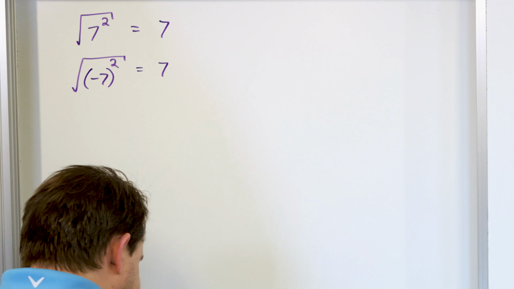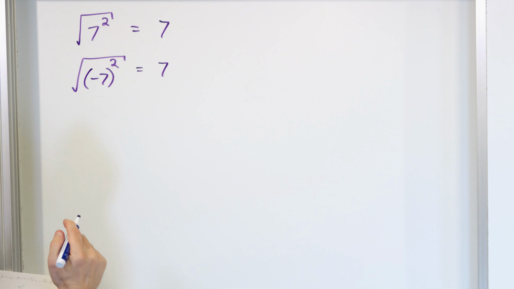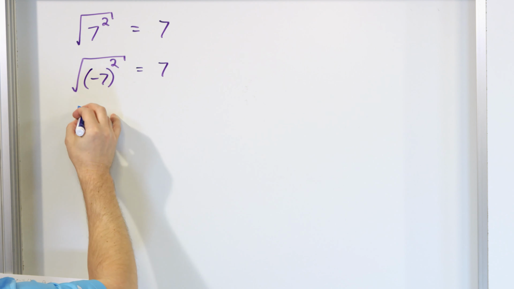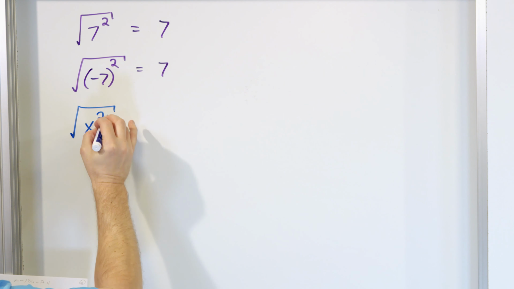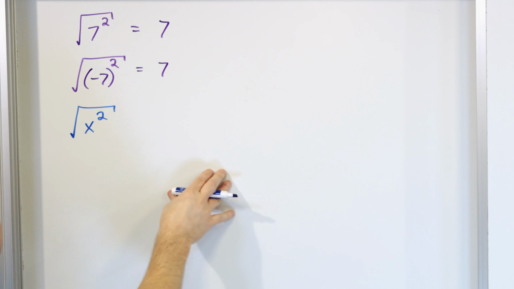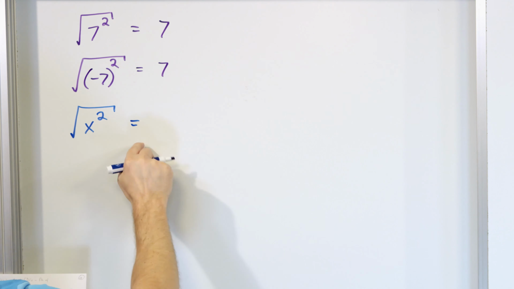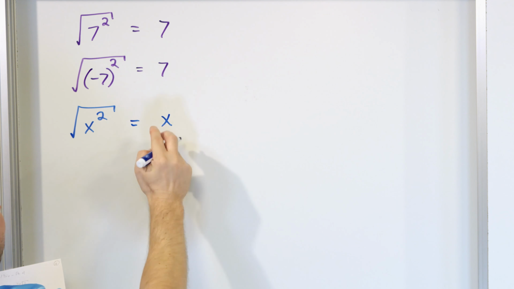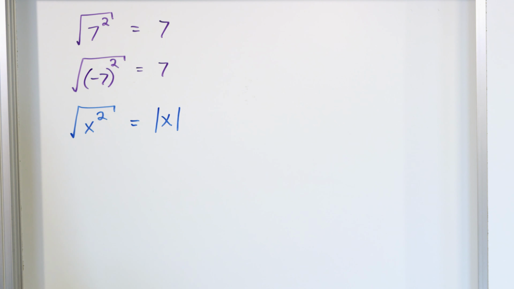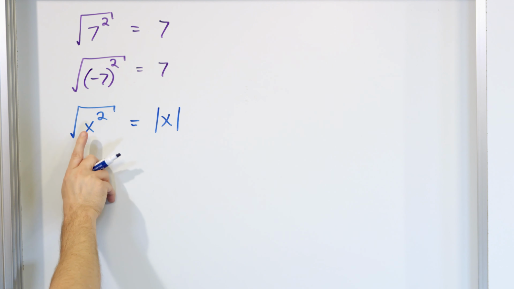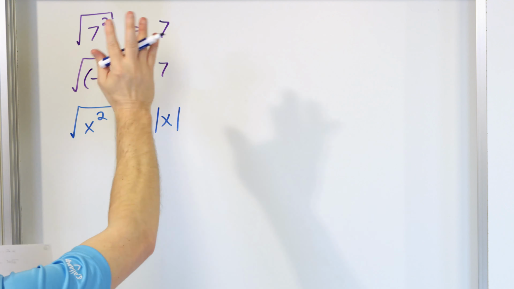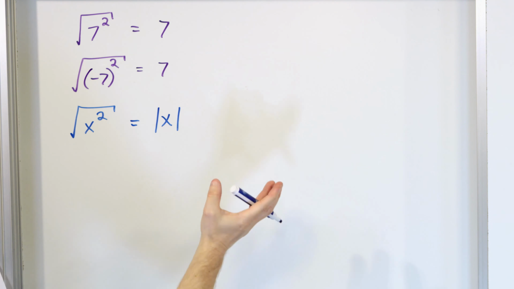So in general, if you're taking the square root of some variable x squared, where x can be positive or negative, then yes, you're canceling and you're left with the variable x, but don't just leave it like this. Write an absolute value around it, because that tells you whatever you actually have for the value of x, strip away the sign and just keep the positive version of it.